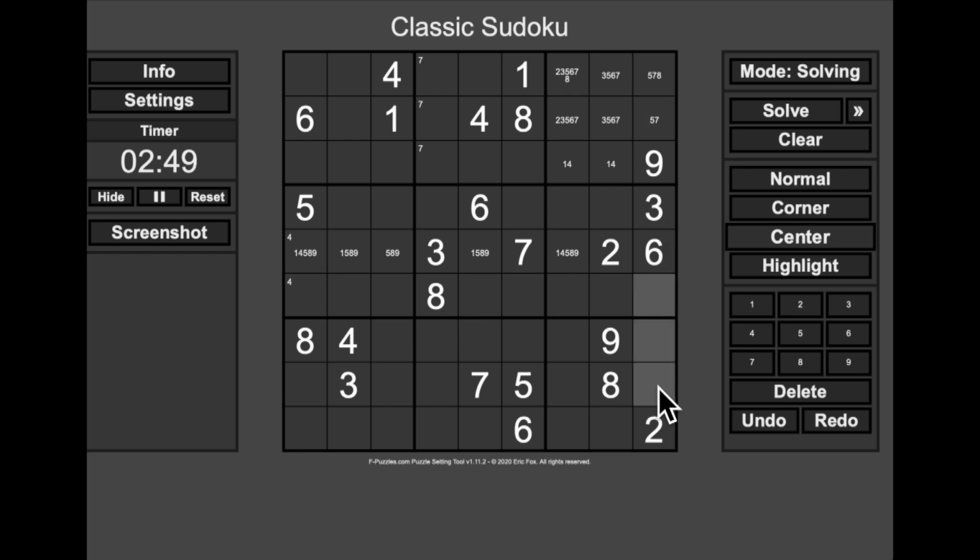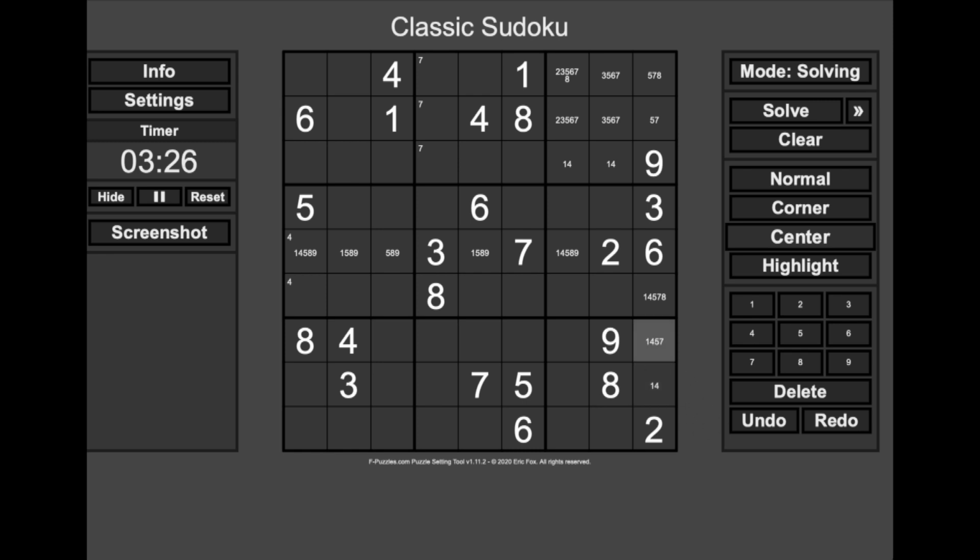Okay, I've got 2, 3, 6, 9 says I have some digits left. Those digits being 1, 4, 5, 7, and 8. Okay, this is not 5, 7, or 8.